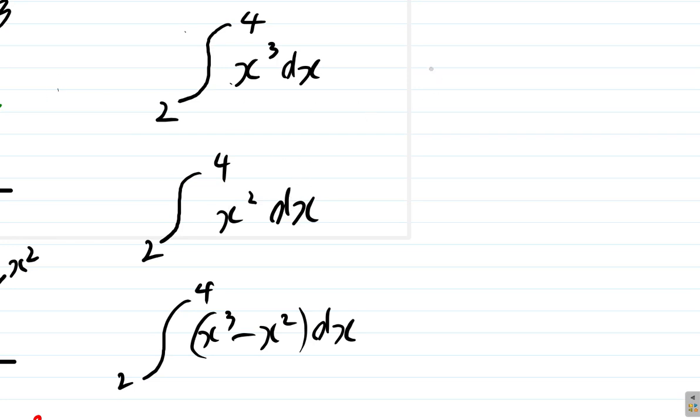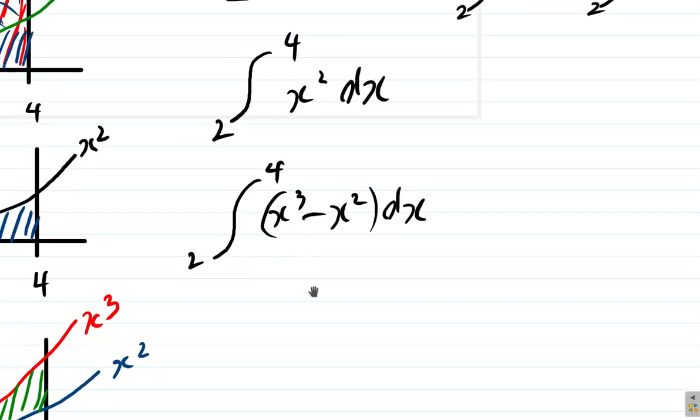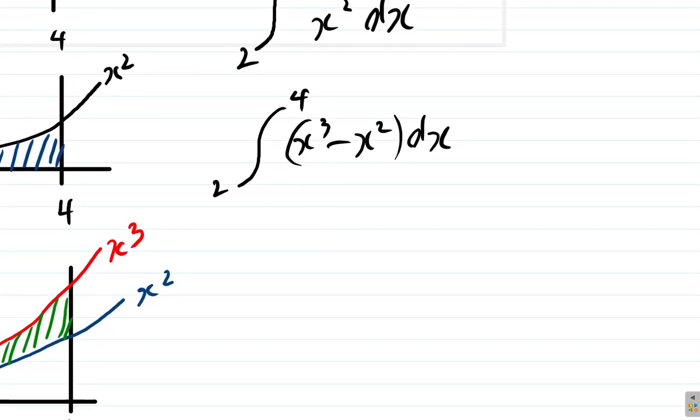So you'd have the integral from 2 to 4 of x cubed dx minus the integral from 2 to 4 of x squared dx. Now, let us do it this way. We're finding the integral from 2 to 4 of x cubed minus x squared dx, and see what will happen.